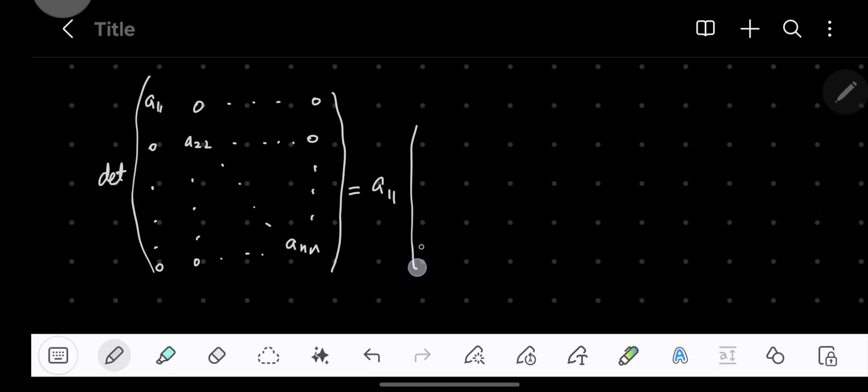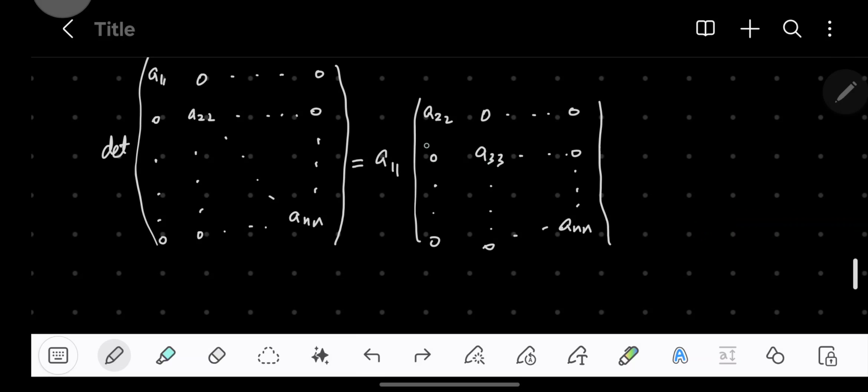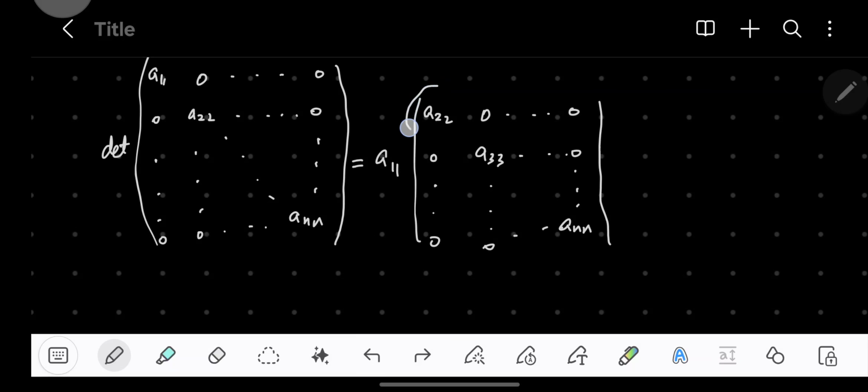So I will write the determinant of this submatrix, and since all the other entries in this row are 0, I will not write anything else. So this is A11, the first diagonal entry, and in order to calculate the determinant of this, I will expand this determinant along the first row.